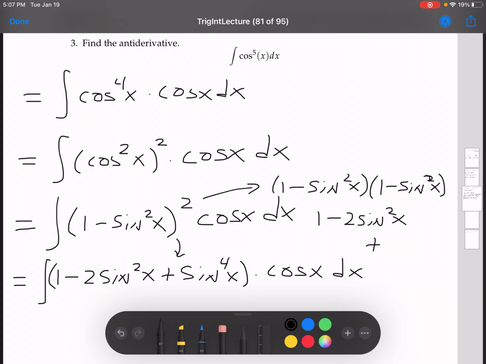And remember, sine squared x times sine squared x, you can think of that as sine x squared times sine x squared. So you have the same base, you add the exponents. So that's why we get sine x to the fourth, which is sine to the fourth x. All right, so that's how we got that.